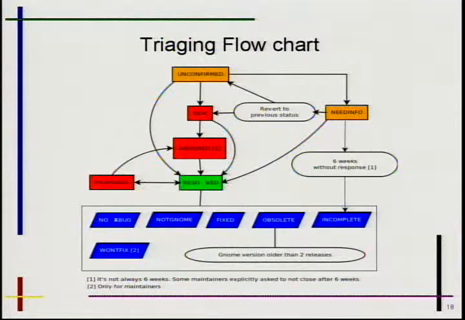This is the triaging flow chart which we follow in GNOME. All the bugs which are filed will be in the unconfirmed state. Unconfirmed means those bugs are not worked upon and not taken care of by anyone.